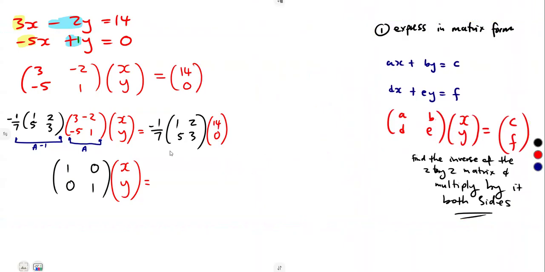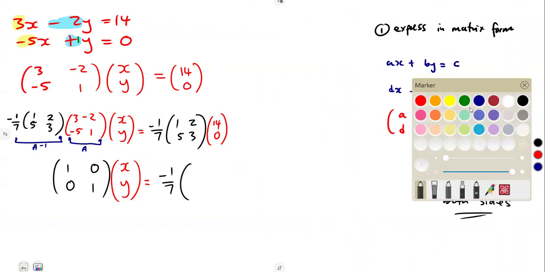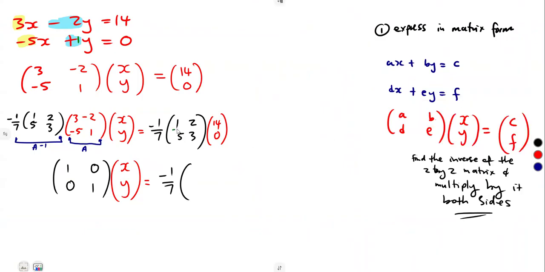So we are not going to use that as the inverse here. No, this is not the original matrix the inverse was taken from. So here you perform proper multiplication, minus 1 over 7, row by column.